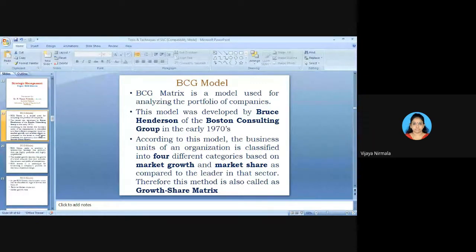This model was developed by Bruce Henderson of the Boston Consulting Group in the early 1970s.